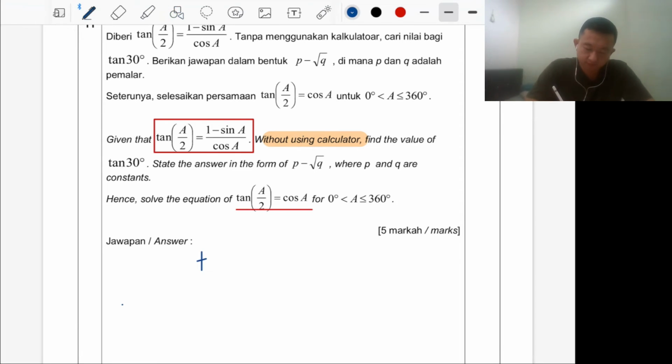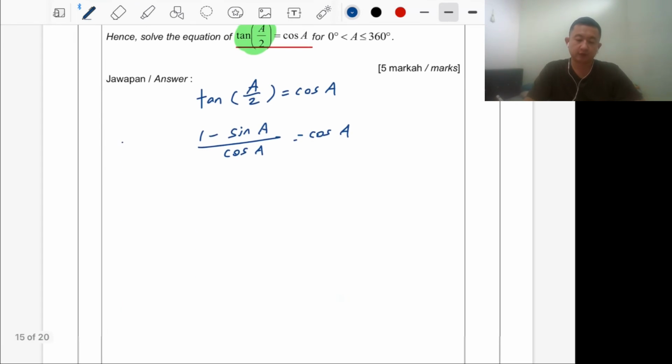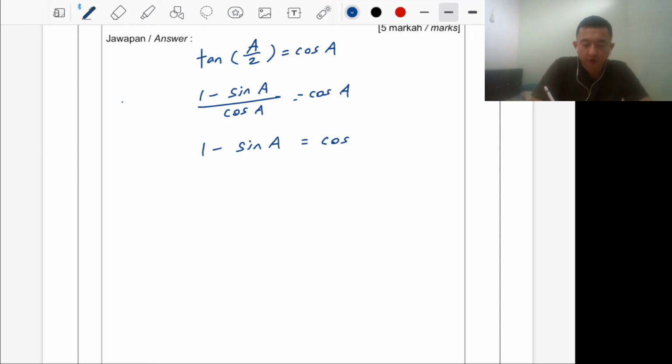Sine a over 2 equals to cos a, and I can replace this with this since they are the same thing. So 1 minus sine a over cos a, the same as cos a, solve. Okay. The best thing to do, move it over. Cos squared a. Remember this formula, cos squared a plus sine squared a equals to 1.